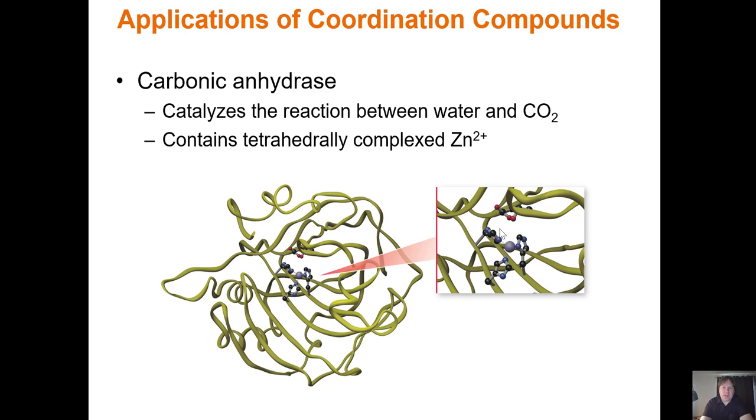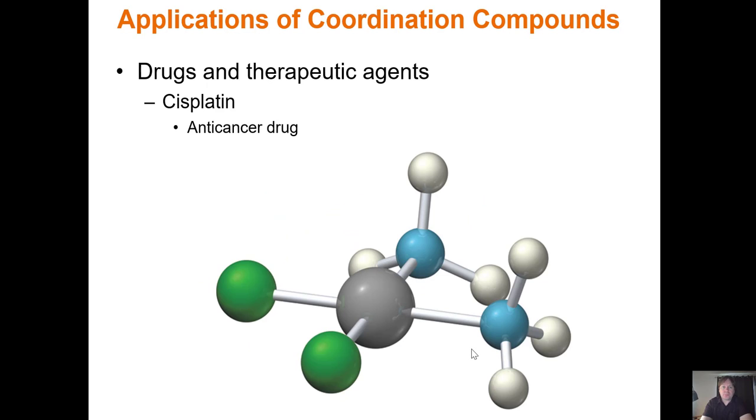It's a different structure, but we have zinc in the middle there. And it does catalyze some important reactions. So just to summarize the applications here, lots of important biomolecules that work based on having a coordination chemistry with the sort of metal center that often is also bonding to other things as well.